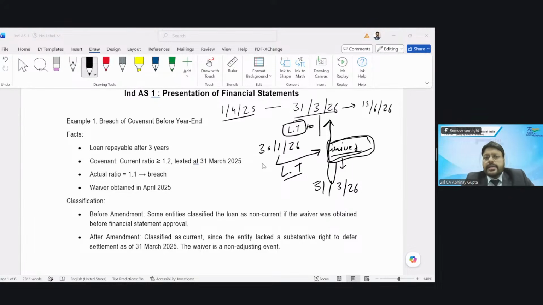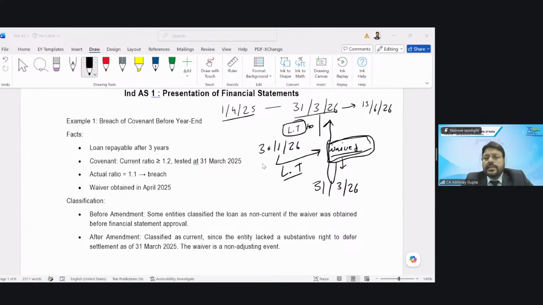But initially we took the carve out that in the case of Indian companies, let's allow some grace period, so even if it is obtained before the approval of the financial statements by the approving authority, we can continue with the long-term presentation. But now the carve out has been removed.